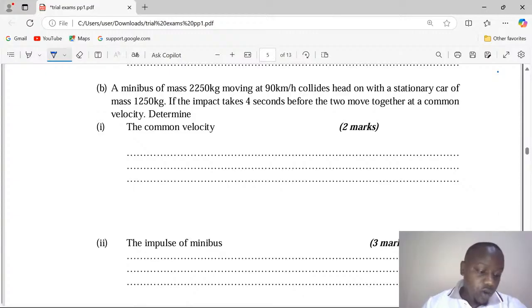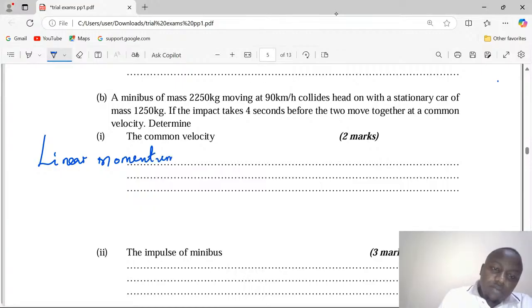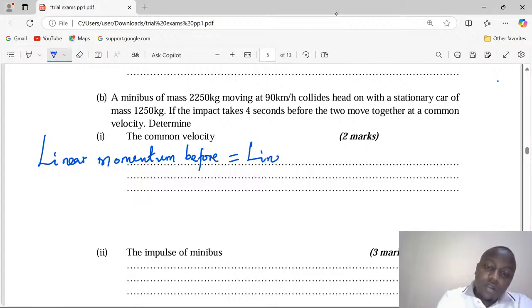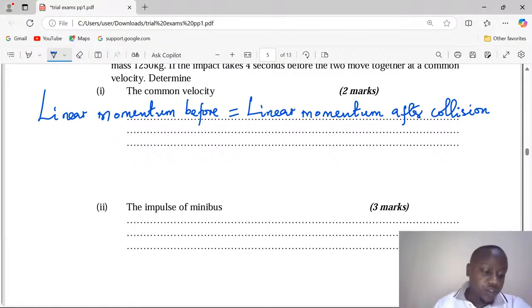Determine the common velocity. So we're supposed to know that in all types of collisions, linear momentum is usually conserved. So we say that linear momentum before collision equals linear momentum after collision.